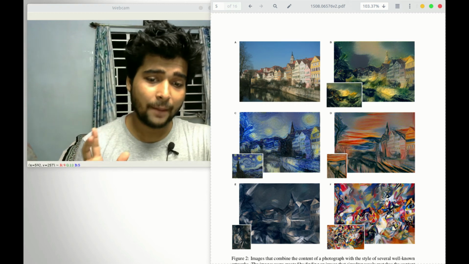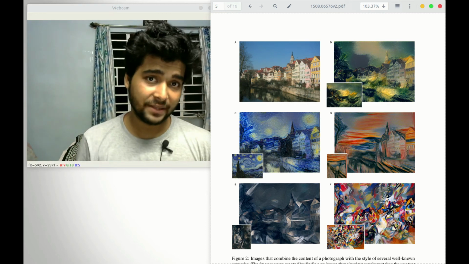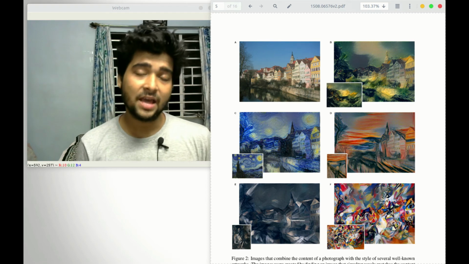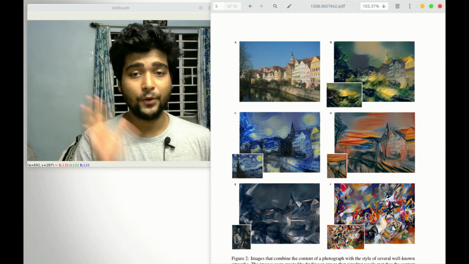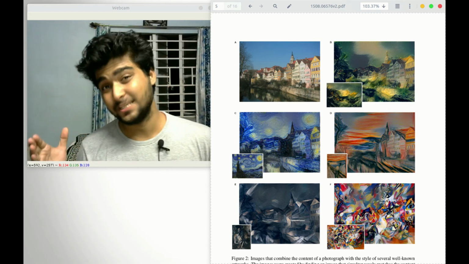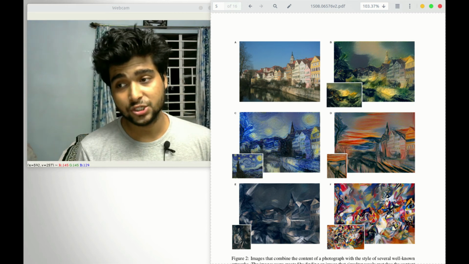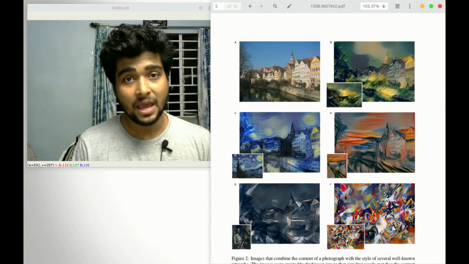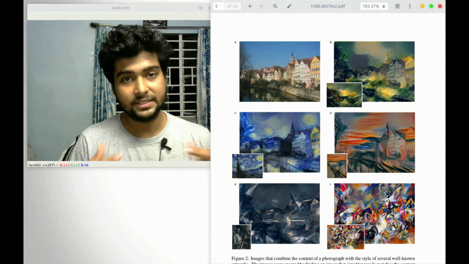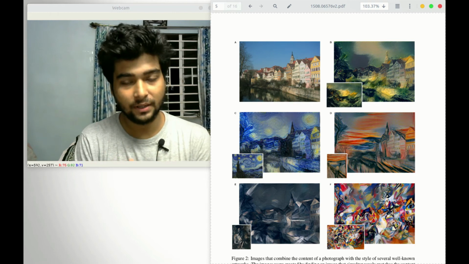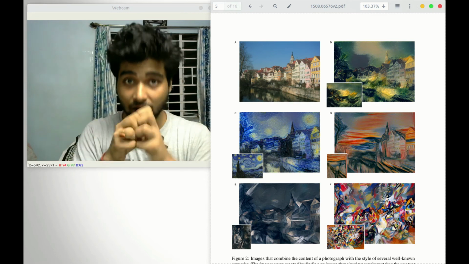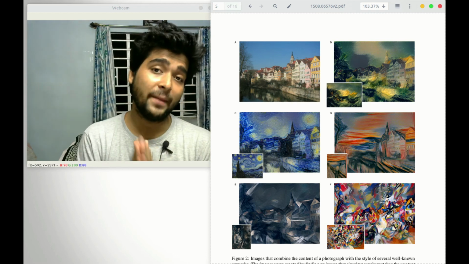Now, a drawback of this particular method is that it is very computationally expensive, because for each inference, whenever you're trying to get an output image that combines style and content together, you're trying to solve an optimization problem.